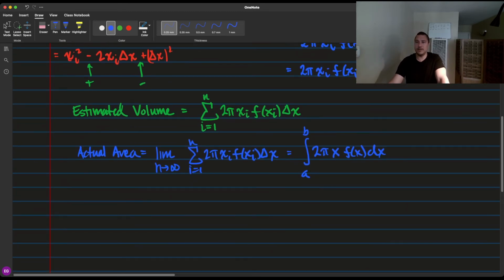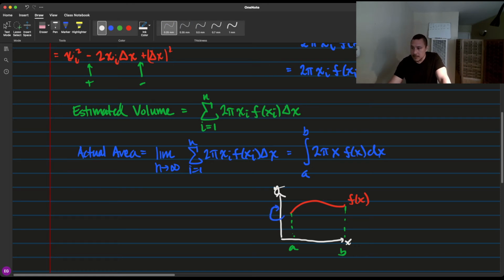And the way you want to visualize this is like so. Okay, so if you have this function f of x, and you're integrating from a to b, and you're revolving everything around the y-axis, what you're doing is, this is some x value right here. That's practically speaking your radius.